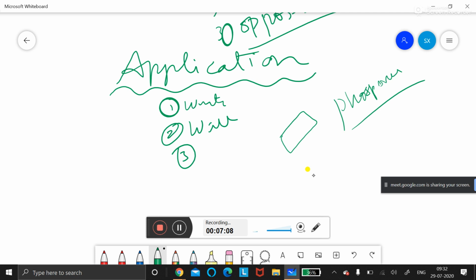There is a chemical called phosphorus. In symbol we'll write only P. That phosphorus will be there, and when there is friction between the matchstick and the matchbox, the friction will give you heat. That will fire, burn. So very important. All these are applications of friction.